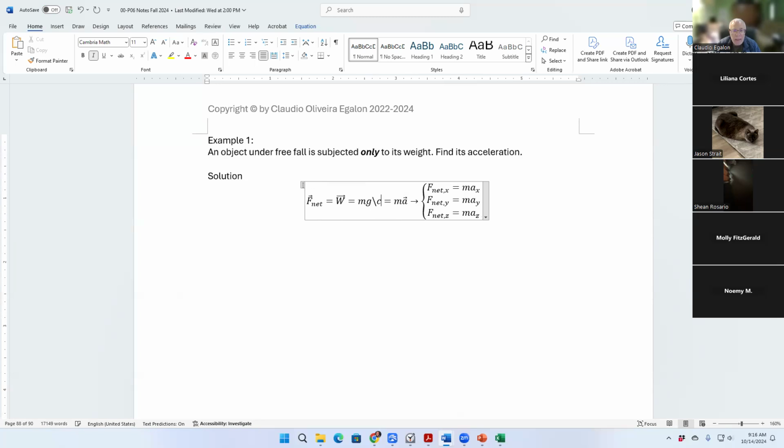And by the way, this acceleration of gravity is a vector. It's a downward vector. Okay? And now we get back to what we already know. An object in free fall has an acceleration equal to g, right?